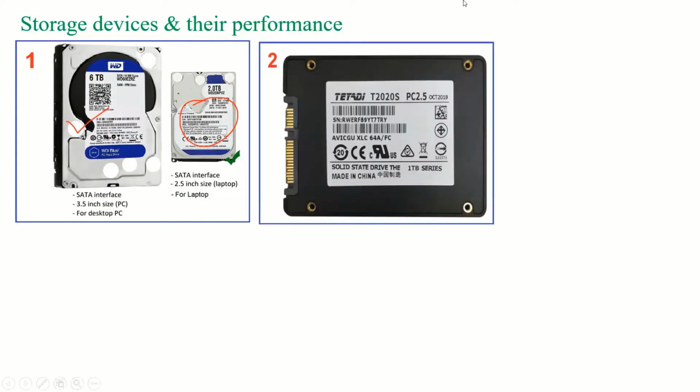The next one is the SSD hard drive. SSD stands for solid state drive. This has non-volatile flash memory that can store persistent data and has none of the moving parts found inside the SATA hard disk.